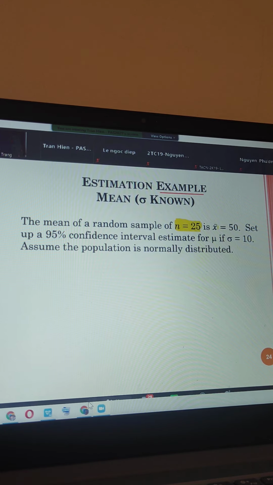And the value for the mean of the sample. We have a 95% confidence interval, and we know the standard deviation of the population. And we know that the population is normally distributed. So I highlight all the keywords in this problem.